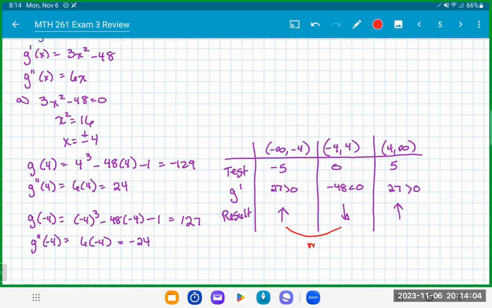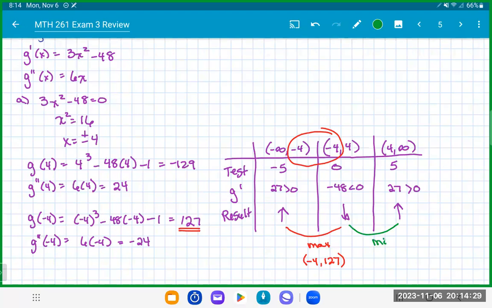So we're going to have a max, and that will occur at the point x equals negative 4. So at negative 4, our value is 127. For this one, we're going from decreasing to increasing.